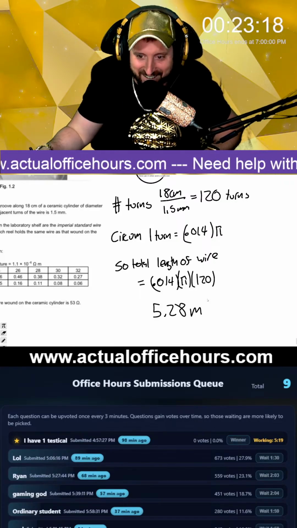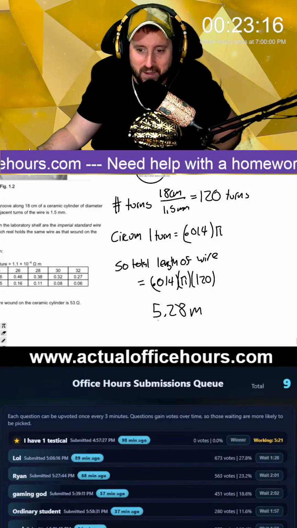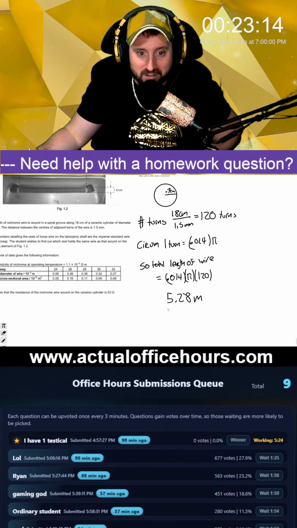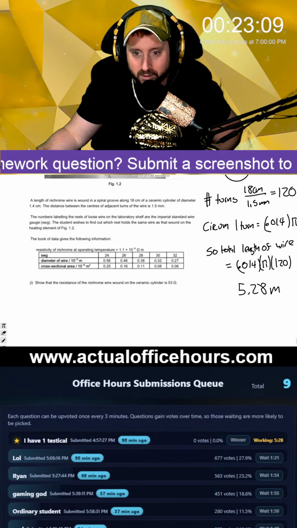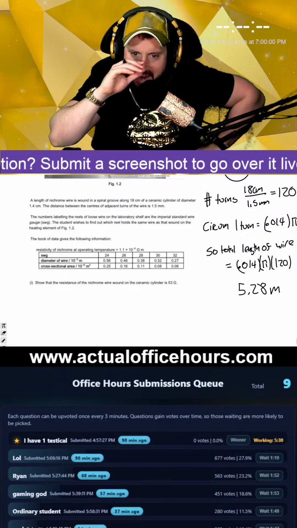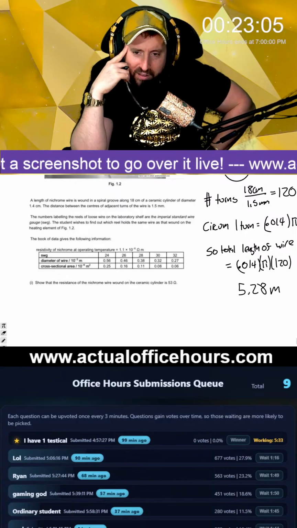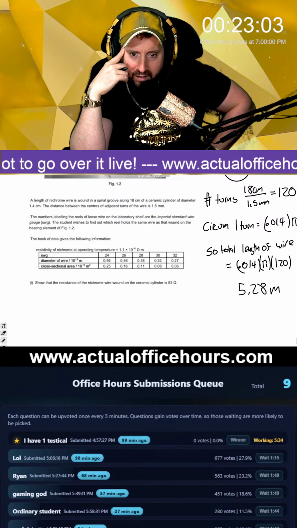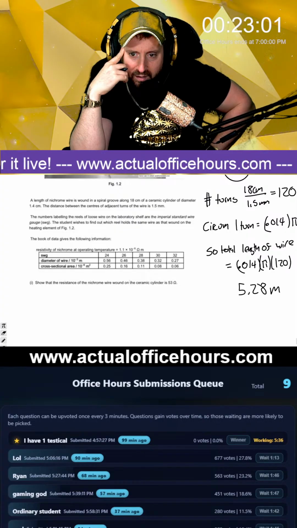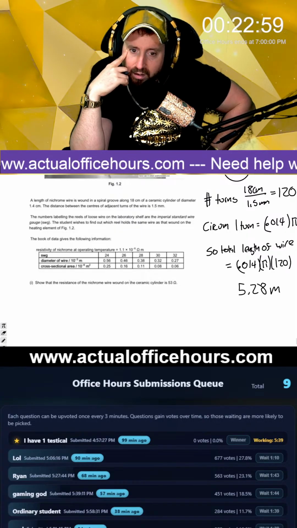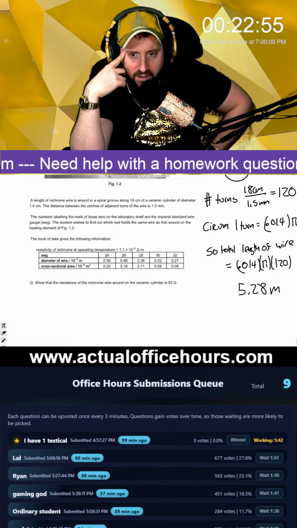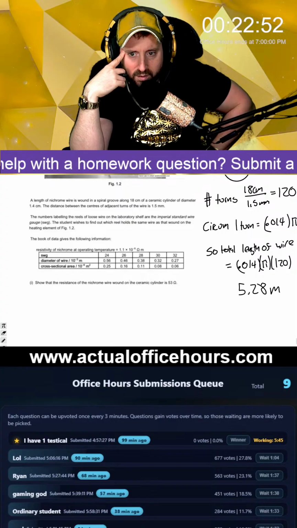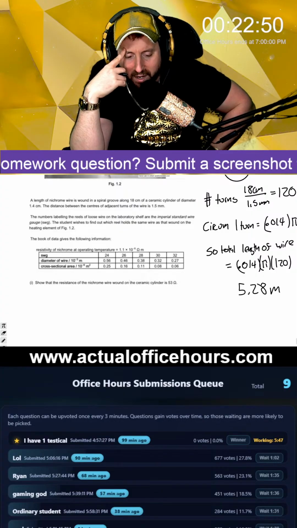But let's see. All right, 5.28 meters of wire. Great. Okay, but now we need the resistivity. Is resistance just resistivity times the length, divided by the cross-sectional area?